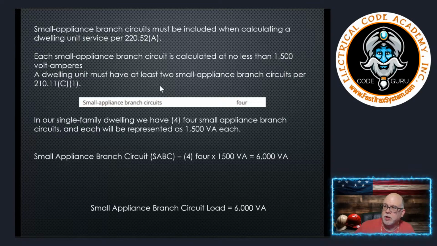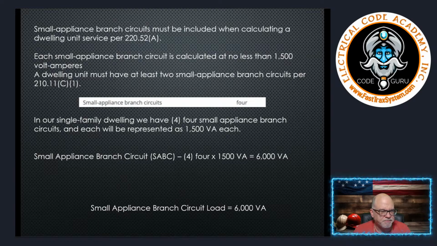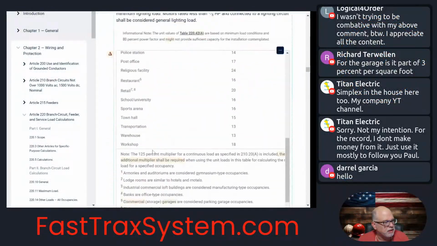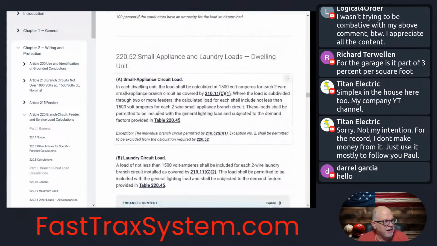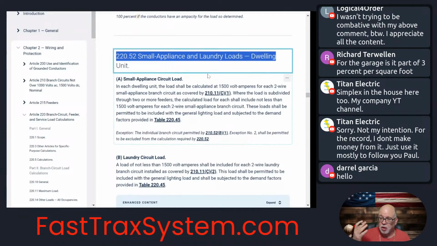So in your code book, you'll see that in 220.52(A), and we'll go look at that in the code book, just so we can see it. Right here. So here's your small appliance and laundry. Easy to remember. They're in the same location.